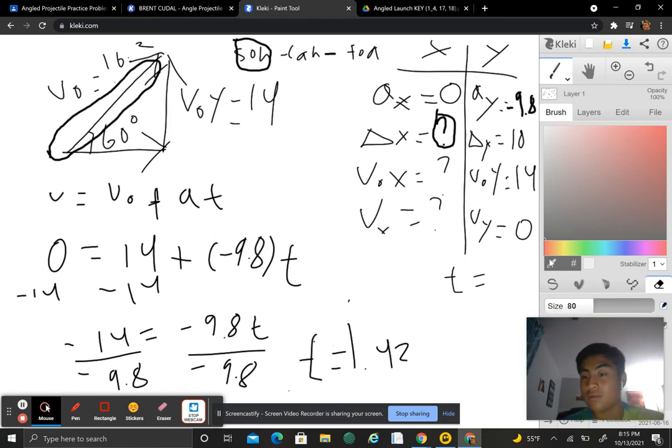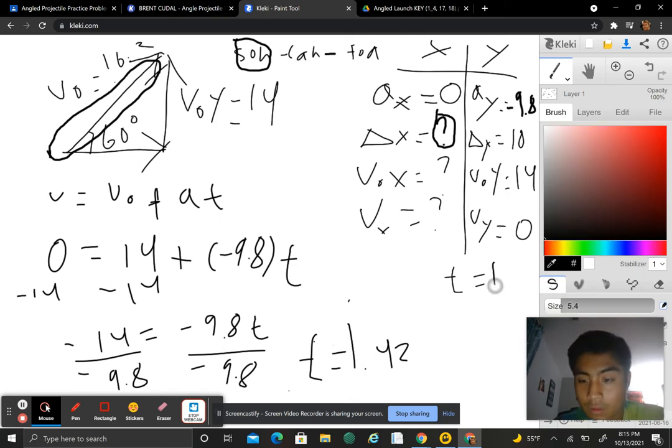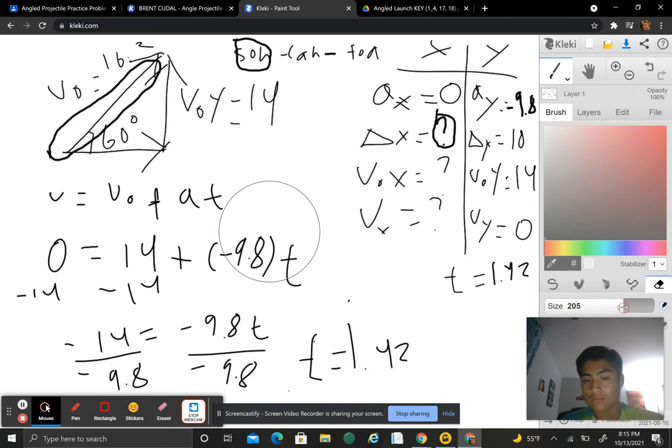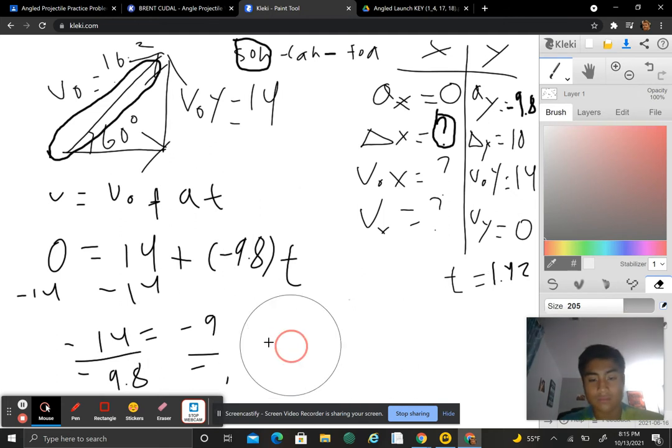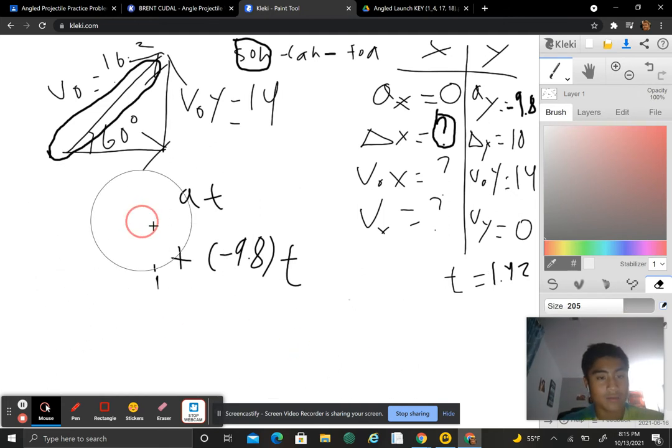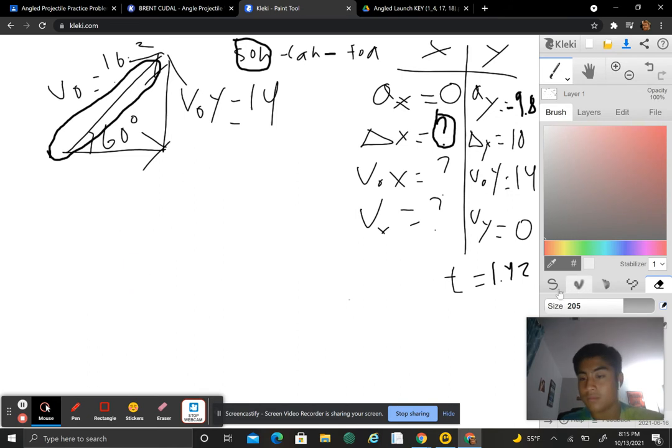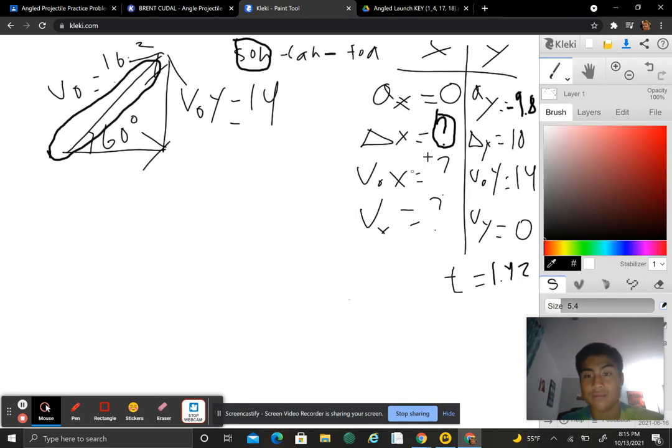Now we have time, 1.42. Erase that again. Now we have time. Should be able to now solve for this, right? We should be able to solve for delta x, right? Not quite.